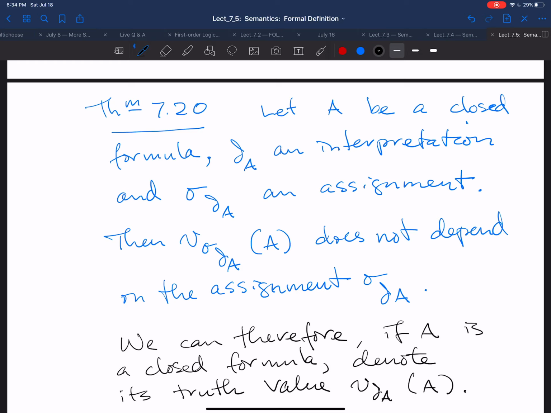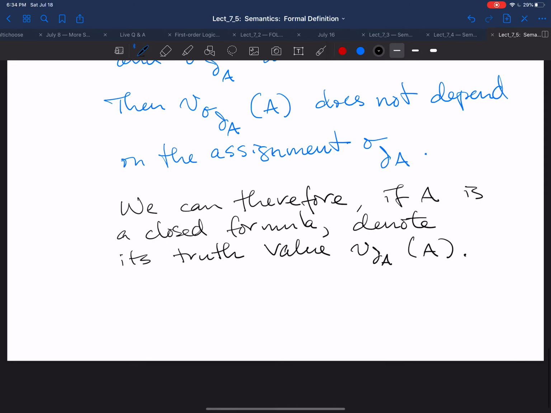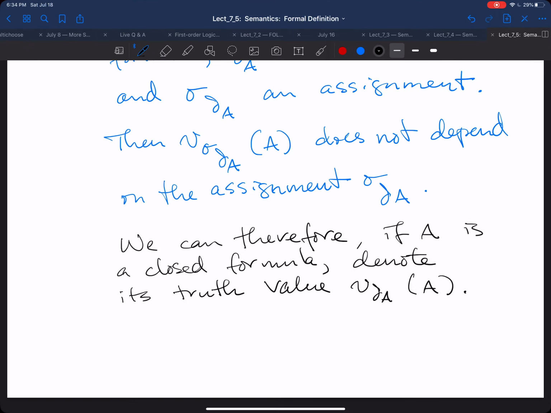Okay? Because again, if all of the variables are quantified, then we just consider possible reassignments to all of those variable symbols. So whatever value they were originally assigned under some assignment is immaterial.